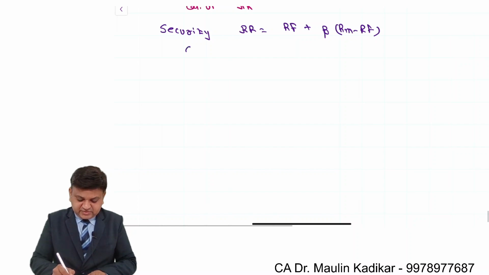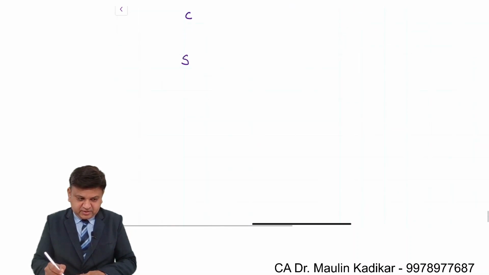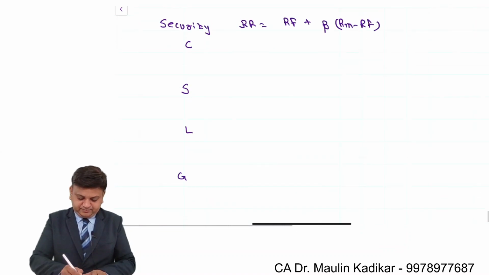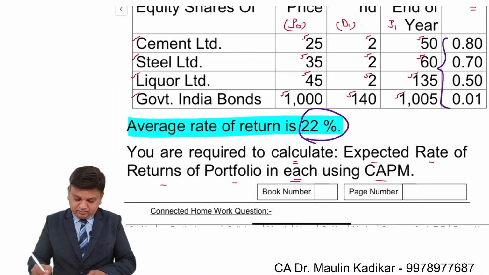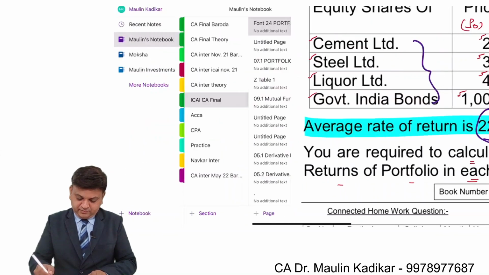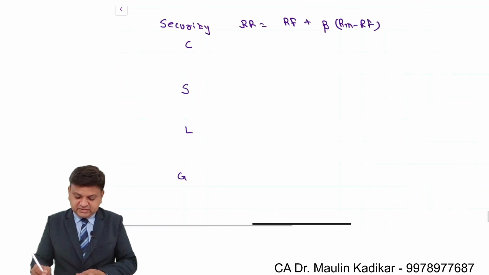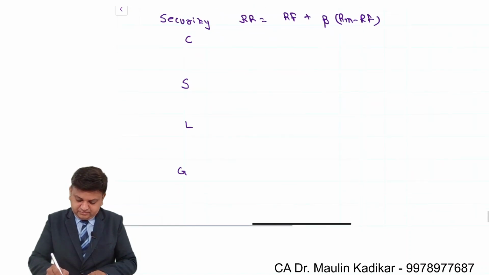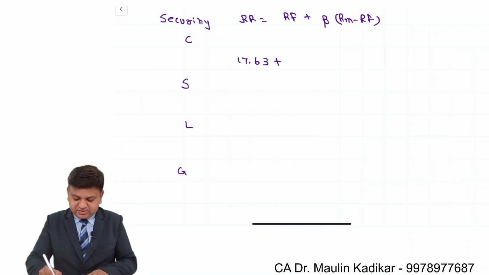The securities are Cement Limited, Steel Limited, Liquor Limited, Government of India bond. That is the name of the security. RF is 17.63. Beta is 0.80.